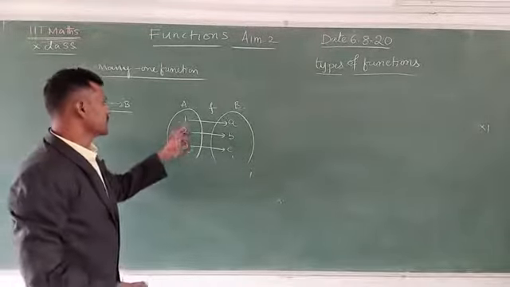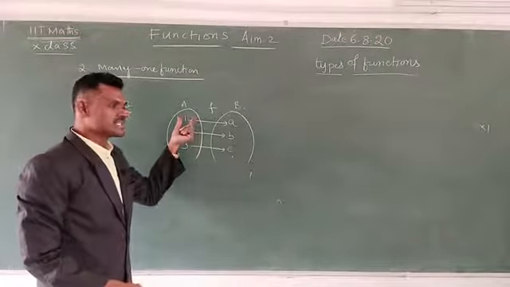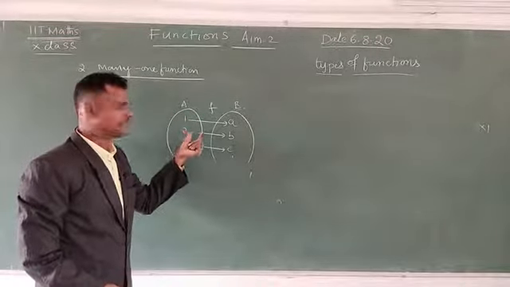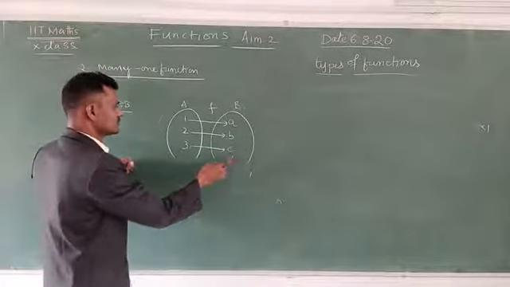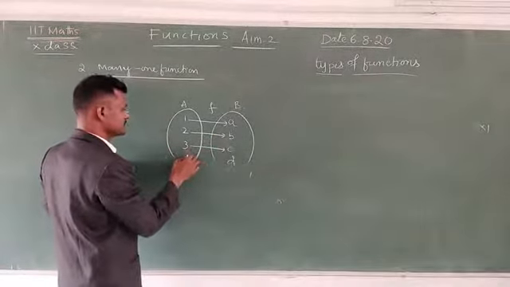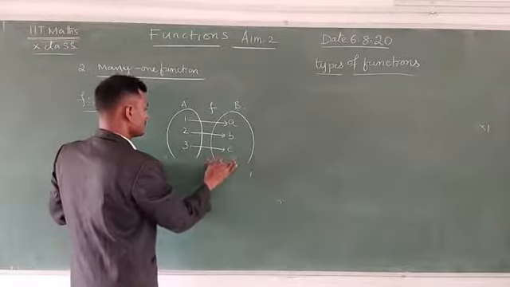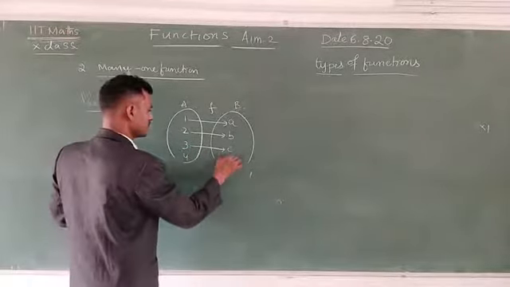Here in the domain, at least 2 elements having the same image, 2 or more elements having the same image. Suppose D is also there, or otherwise here 4 is also there.